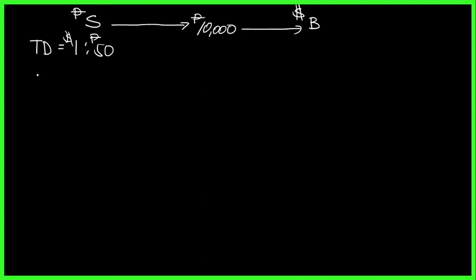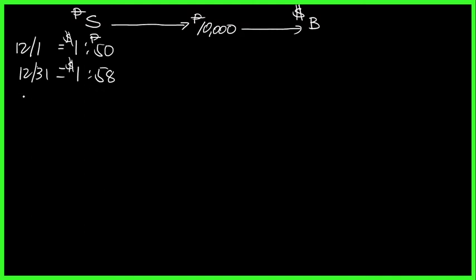And then at balance sheet date, instead of transaction date, let's just use December 1. And then on December 31, which is the balance sheet date, for every $1, you will have 58 pesos.